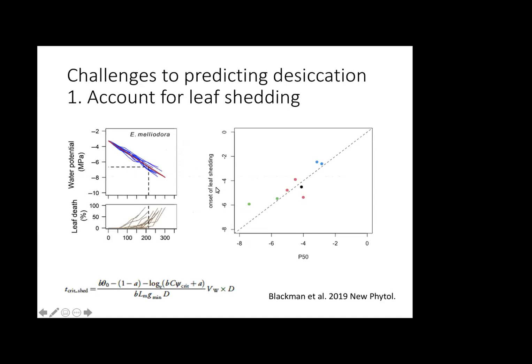And interestingly, the onset of leaf shedding correlates roughly with the P50 across that suite of species that they were looking at. So we needed to change the equation to take into account the fact that the trees were losing leaf area and therefore losing or conserving water by shedding leaves.